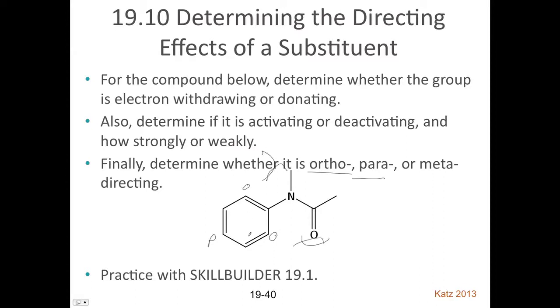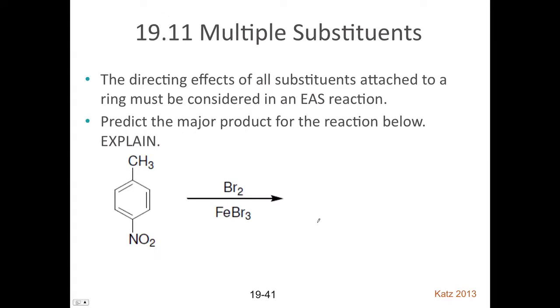Okay, so while it does direct ortho and para, the majority of the product would be para, because of the sterics associated with this group right here, and it would favor the para, because a lot of these ortho positions would be blocked by both the methyl right there and the acyl group right there. Okay, so that would make it more para directing, but theoretically it would be ortho-para directing. Okay, get that? All right.